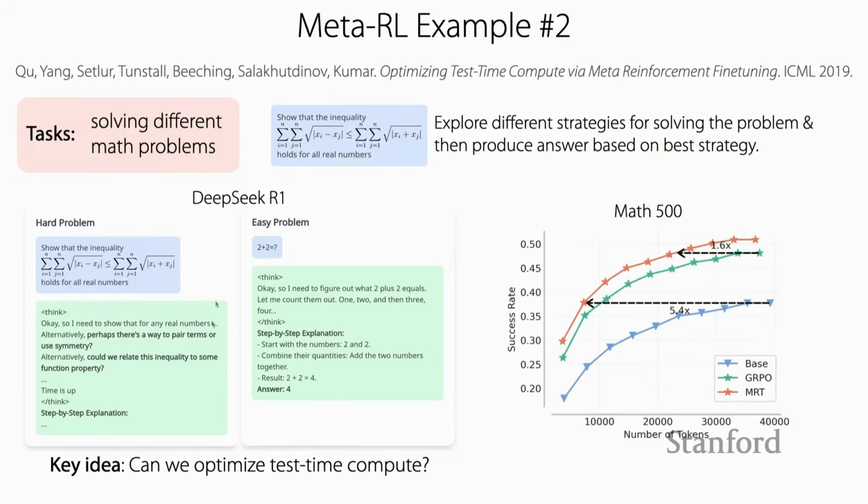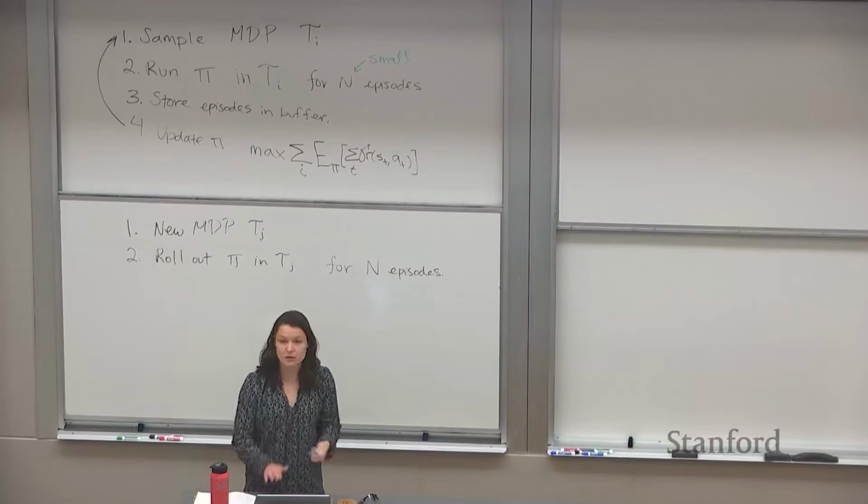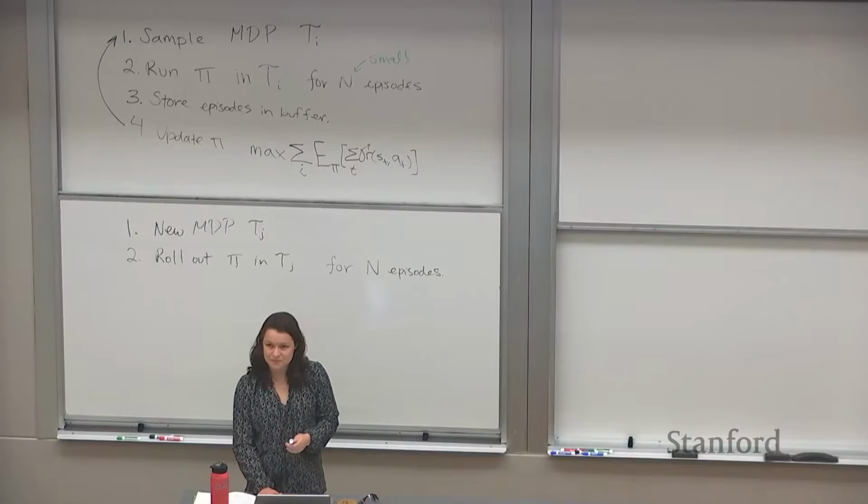This paper explored that. They found that when explicitly optimizing for effective use of test time compute, they got higher performance with the same number of tokens, and also reduced the number of tokens needed to get the same performance, so you aren't using up a ton of tokens on simple problems. So that's a use case of meta-RL ideas in language models.